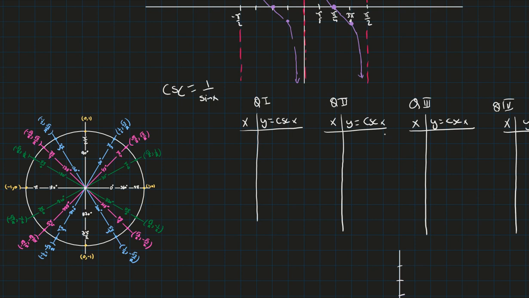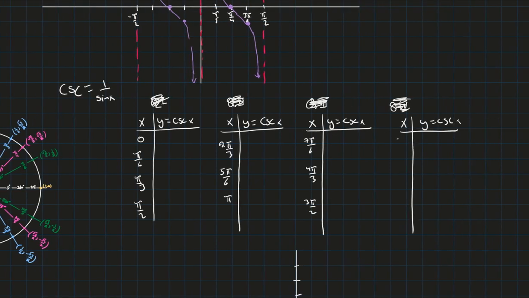So let me write down these angles: 0, pi over 6, pi over 3, pi over 2. Let's ignore this quadrant thing, because pi over 2 does not fall in a quadrant. Then 2 pi over 3, 5 pi over 6, pi, 7 pi over 6, 4 pi over 3, 3 pi over 2, 5 pi over 3, 11 pi over 6, and then 2 pi.